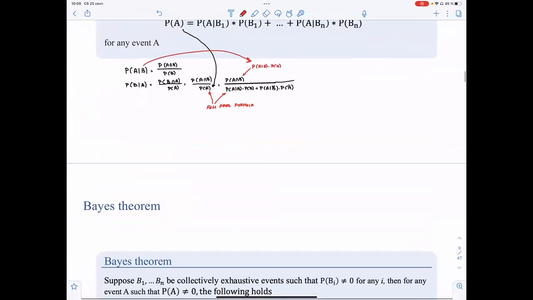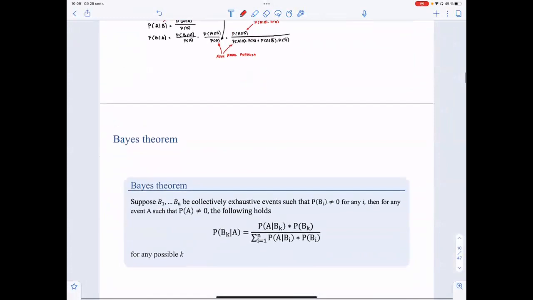And if you combine both of these substitutions, you get what is written here: a probability of B given A is a probability of A given B times the probability of B divided by the total probability formula.